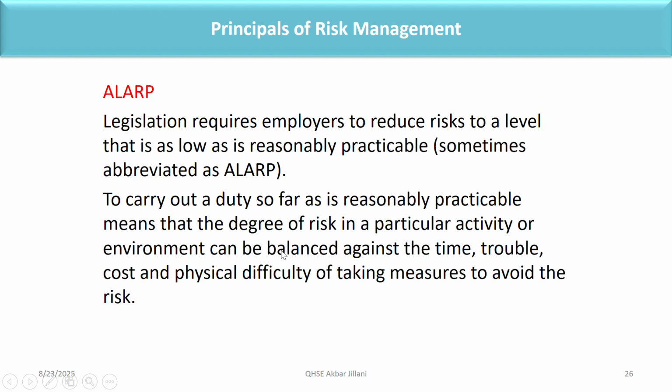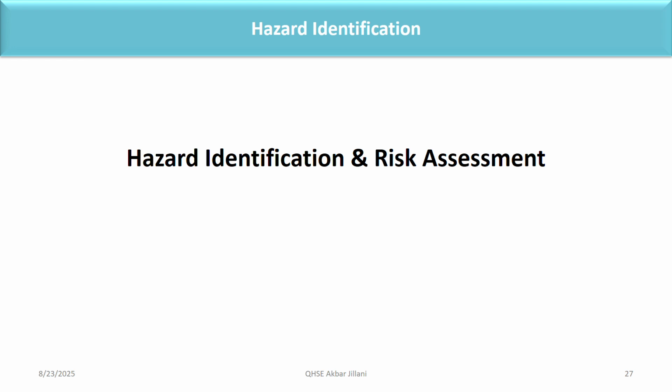To carry out a duty so far as reasonably practicable means that the degree of risk in a particular activity or environment can be balanced against the time, trouble, cost, and physical difficulty of taking measures to avoid the risk. Actually, when we want to control the risk, we balance it against the time, trouble, cost, and physical difficulty of taking measures to avoid the risk.